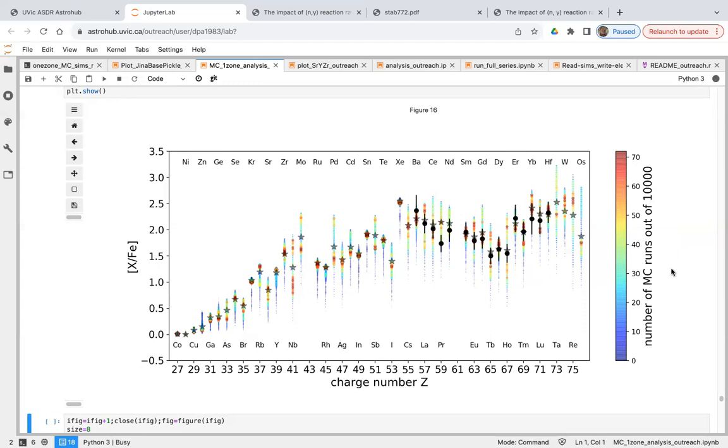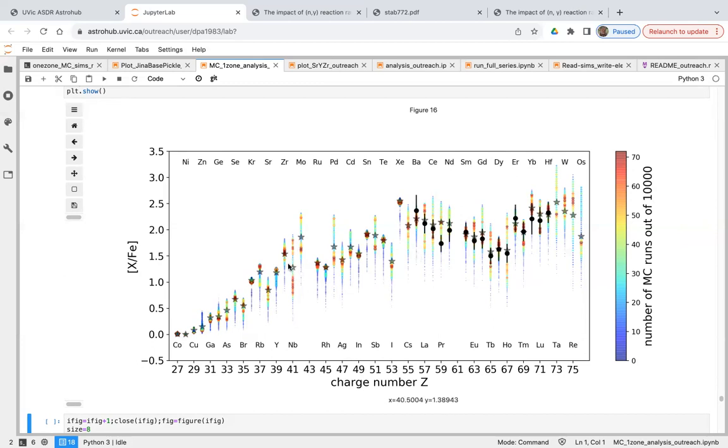Red means more Monte Carlo runs produce the same abundance. So the larger and the redder the circle is, the larger the number of Monte Carlo runs that produce a given value of the abundance. Therefore, two properties of circles are used to reflect this data.